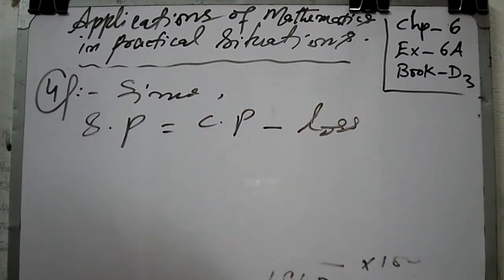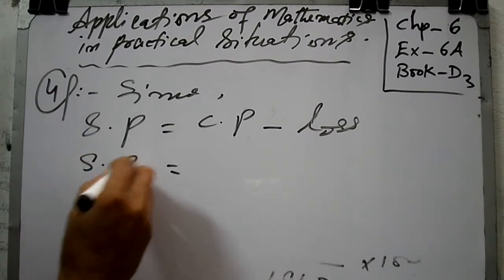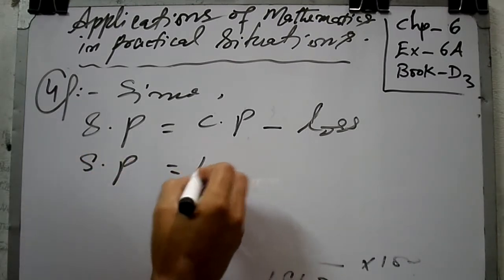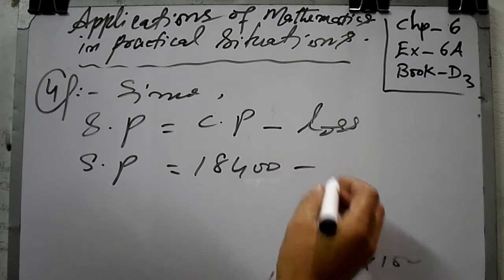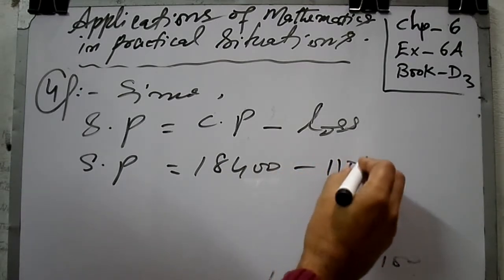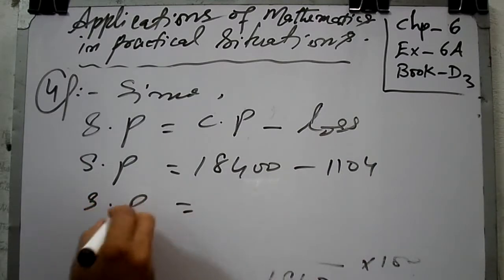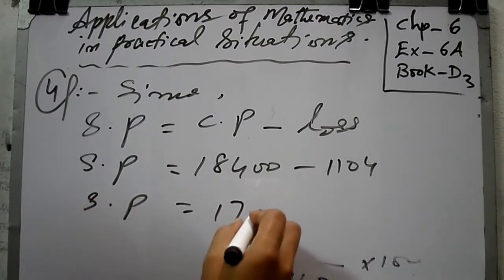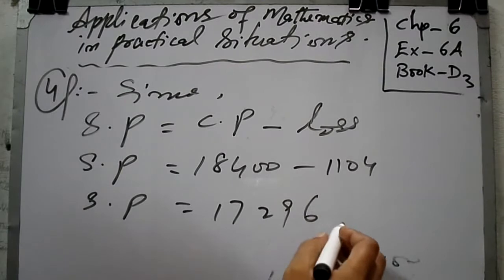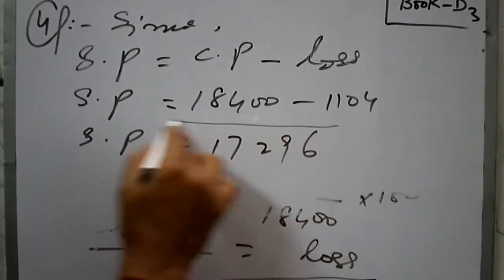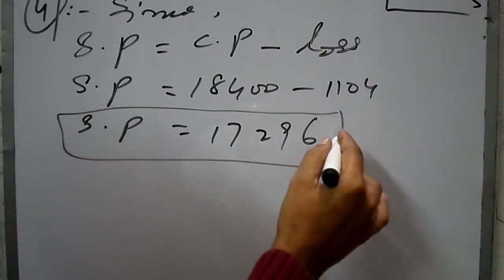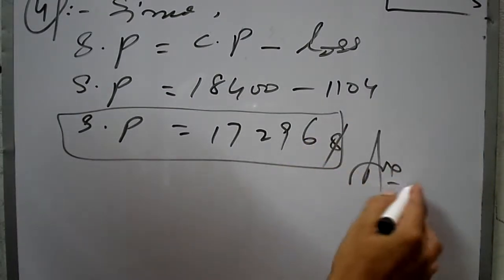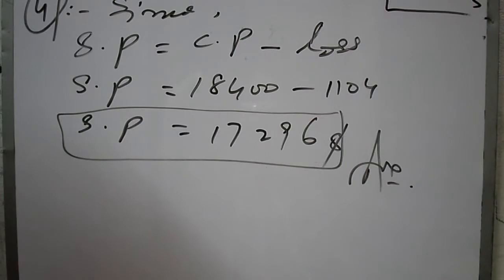We have calculated the loss, so to find the sale price, cost price we already have, that is 18,400 minus loss, which we have just calculated, that is 1104. Now the sale price will be 17296 by using calculator. So that is your result. This one is the amount in dollars, so that is your required result.